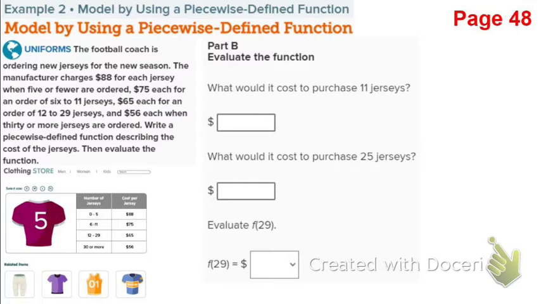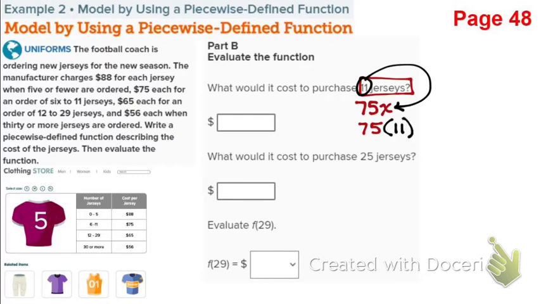We pay $75 per jersey. So if I need 11, we're going to do 75x, but then I'm going to put the 11 in the place of the x. So 75 times 11. Does anybody need a calculator so that they can do that?